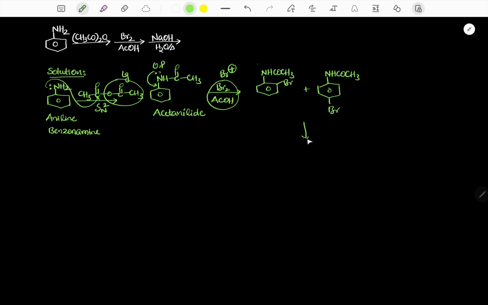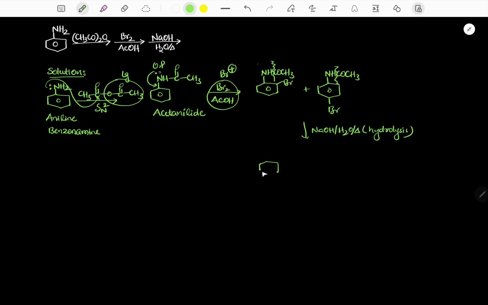Now it is treated with NaOH, H2O, heat. So this is a hydrolysis condition. This amide undergoes hydrolysis.